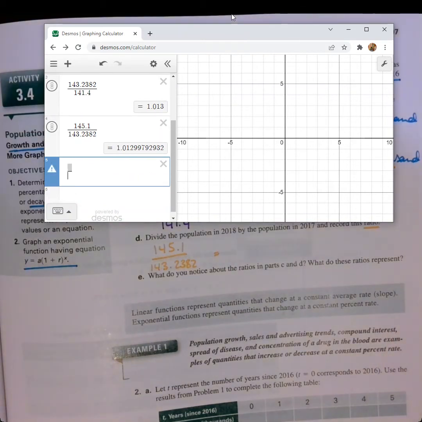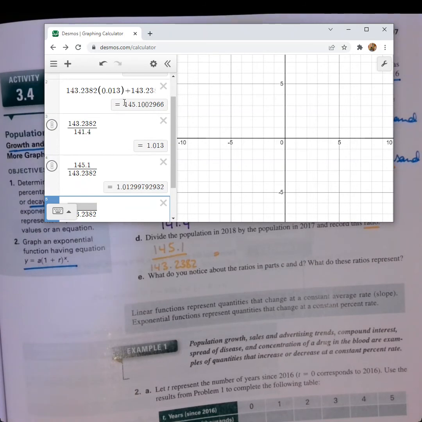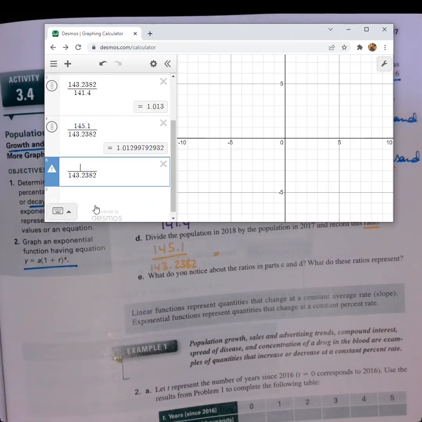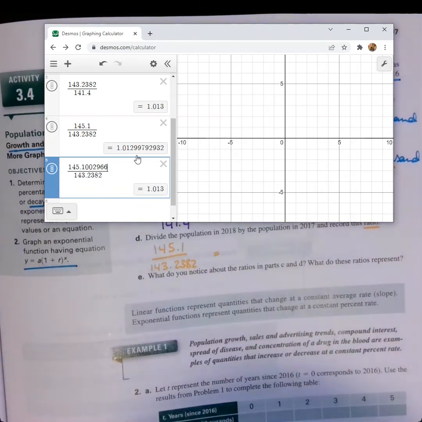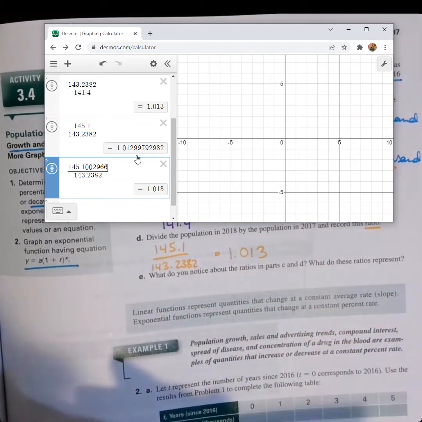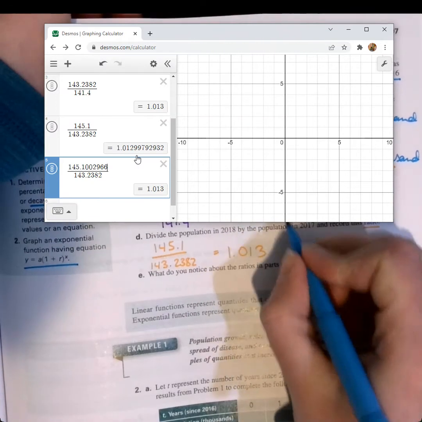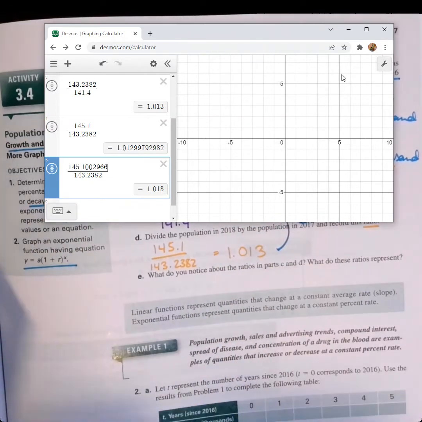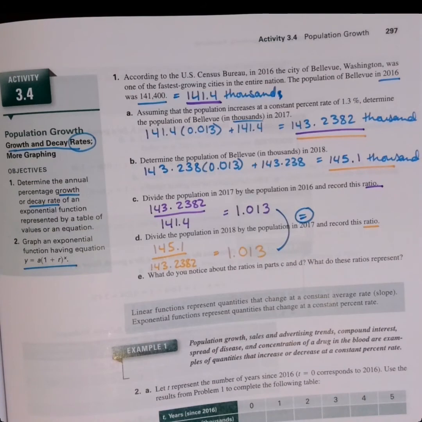If I actually copy all of this number instead of rounding it, I get exactly the same thing. So this would have rounded to 1.013, but without rounding, I can see that I really do get 1.013. It is important that these are the same, to see that they are equal to each other. 1.0129 does round to 1.013. They should be the same.